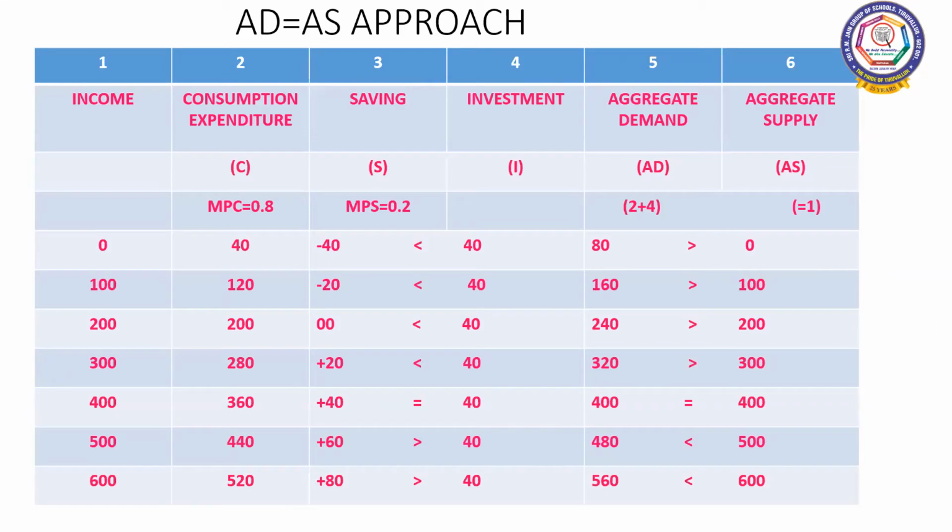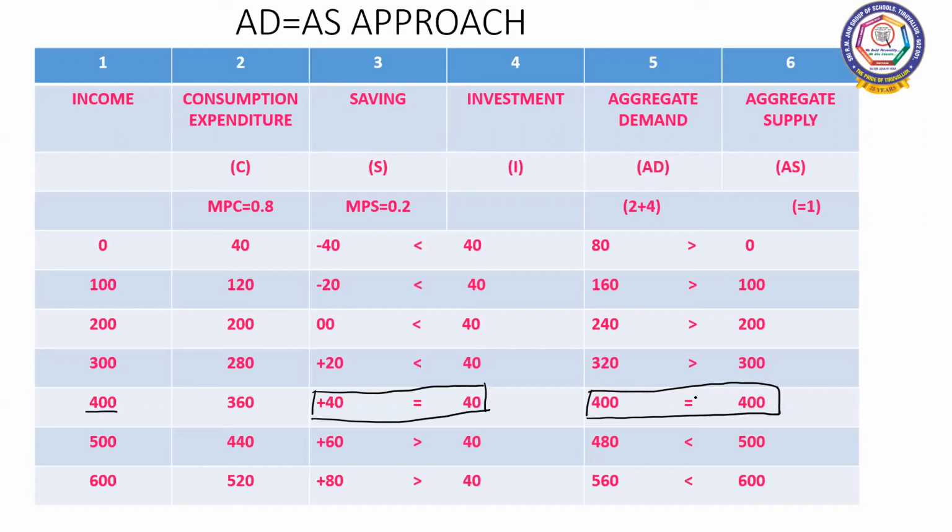Now this is the ADAS approach, where we have already learned that the economy is in equilibrium, where AD is equal to AS. It means at the equilibrium level of income, 400, AD is equal to AS, and here S is equal to I. So this is the equilibrium point of income because AD is equal to AS.